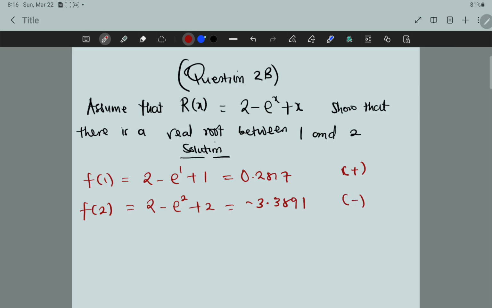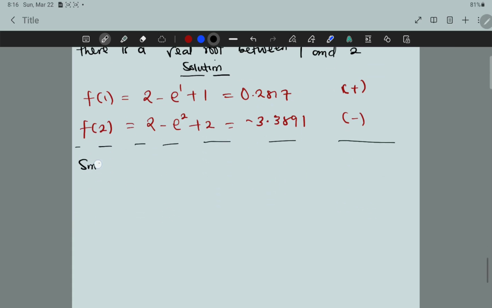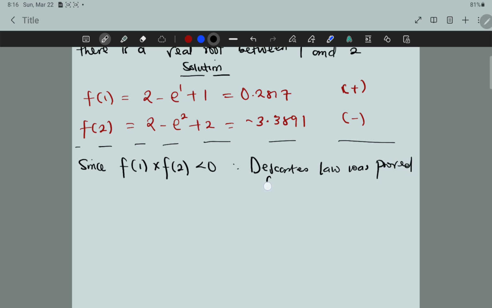These two values have proved Descartes' law. So we can say since f of 1 multiplied by f of 2 was less than 0, it means Descartes' law was proved. Because Descartes' law says that f of a multiplied by f of b must be less than 0.